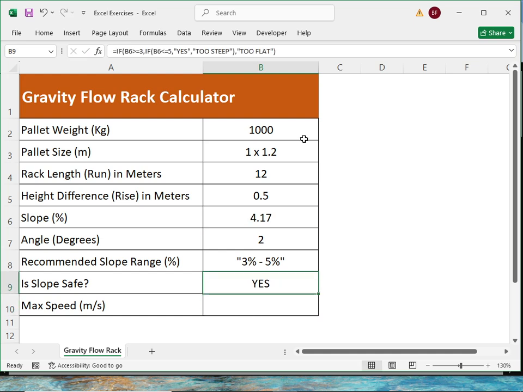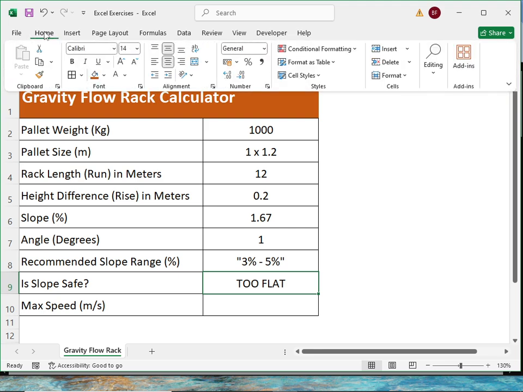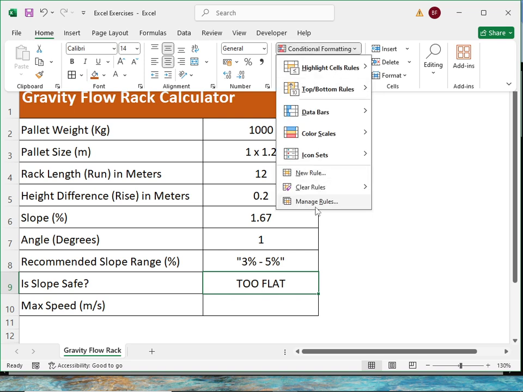So if the height difference, for example, is too high, let's say 1 meter, that would be too steep. If we make it low, let's say 0.2 meter, that would be too flat. To make it more visible, I'm going to add conditional formatting.